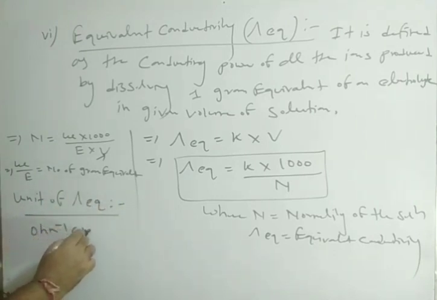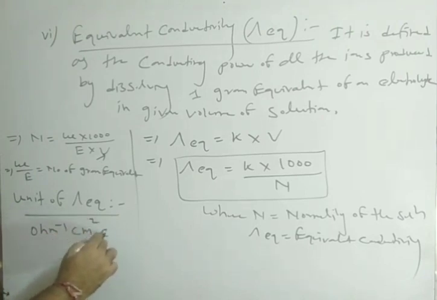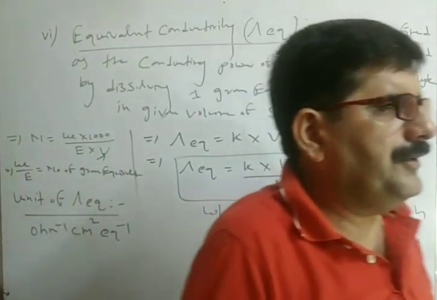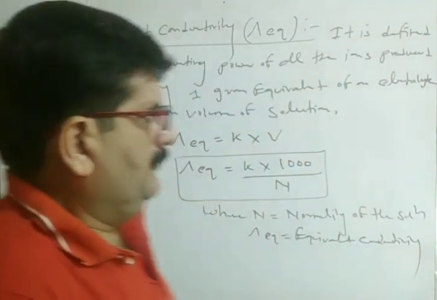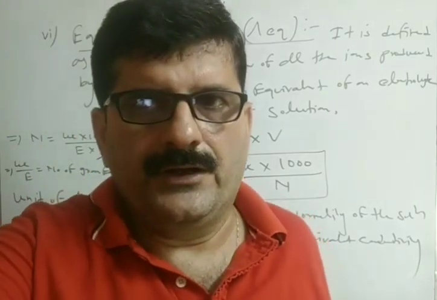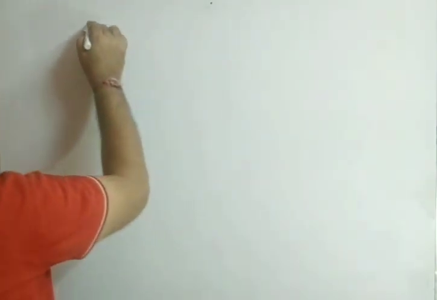Ohm inverse centimeter square per equivalent. Instead of per mole, you can write here what? Per equivalent. So if all terms are given, then you can find out what? Equivalent conductivity.